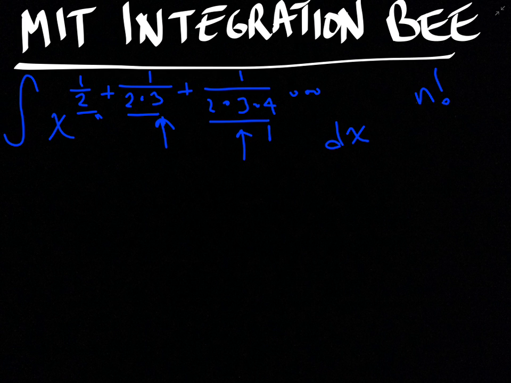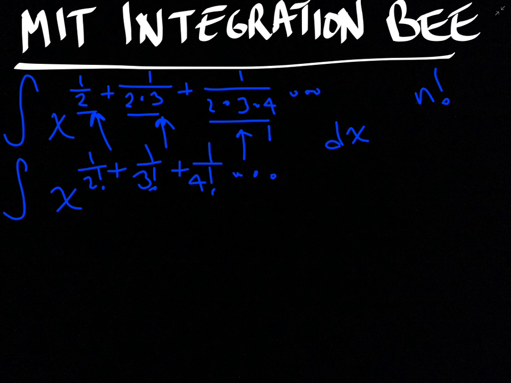That's 2 factorial there. So we can rewrite this whole exponent as 1 over 2 factorial plus 1 over 3 factorial plus 1 over 4 factorial, right, and keep going.